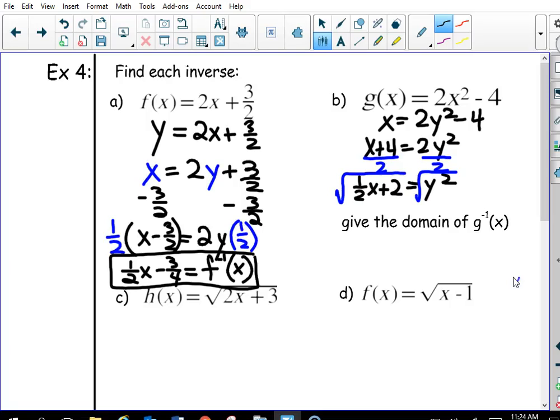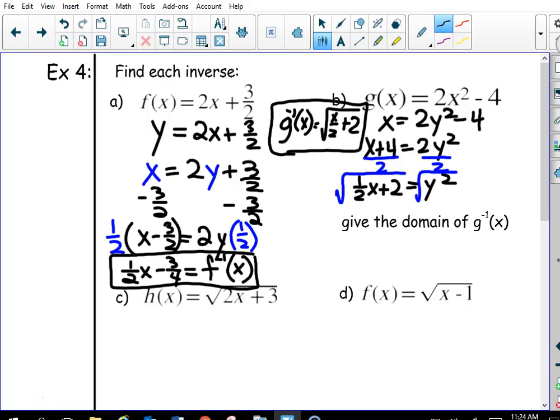And I need some room to write my inverse. So g to the minus 1 of x, the inverse of g, is going to be the square root of x over 2 plus 2. I just wrote it smaller. Okay, give the domain of the inverse.